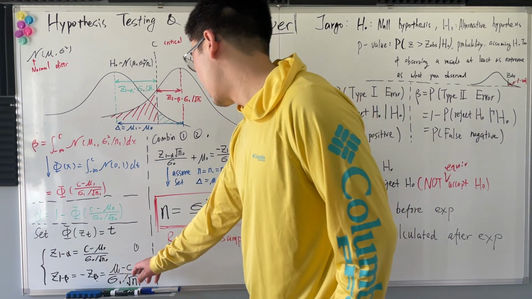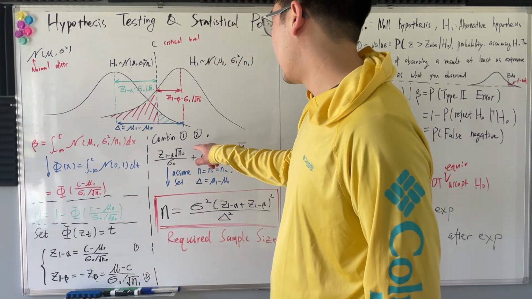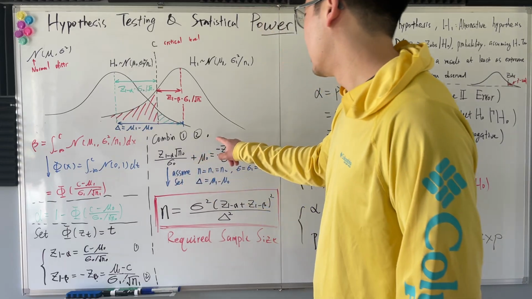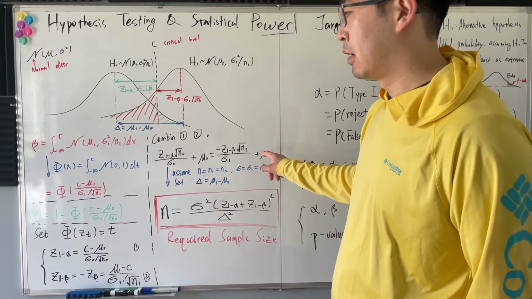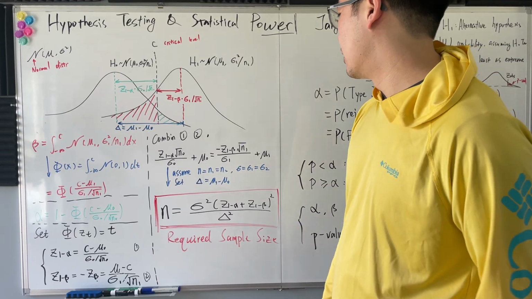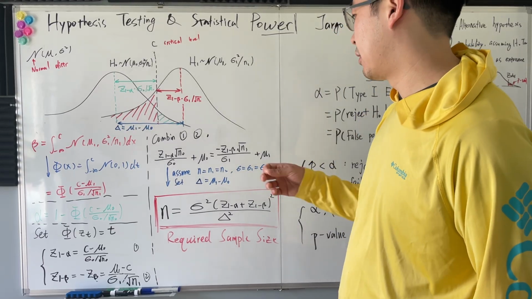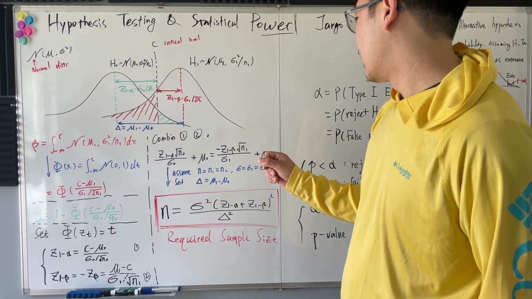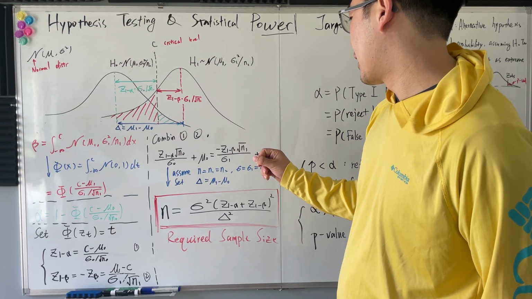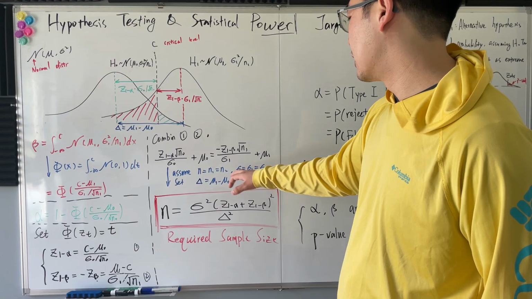You combine equations 1 and 2, eliminate c, and you will get this equation. You can pause the video to derive it yourself; it's pretty trivial arithmetic and algebra.